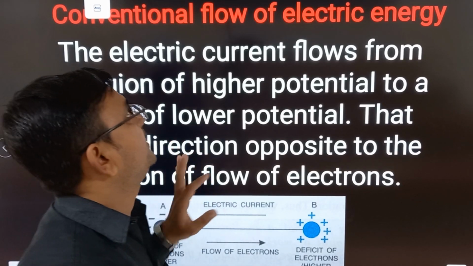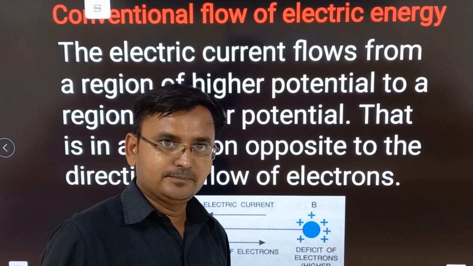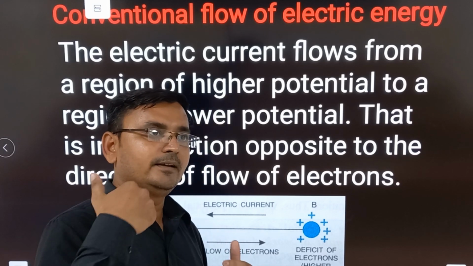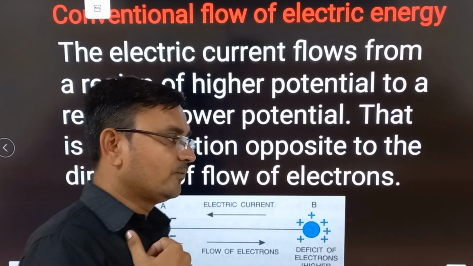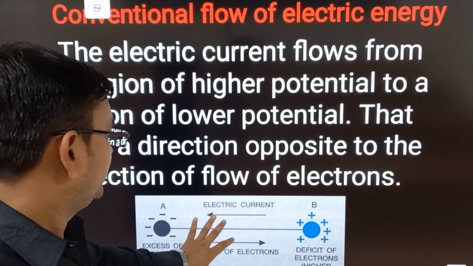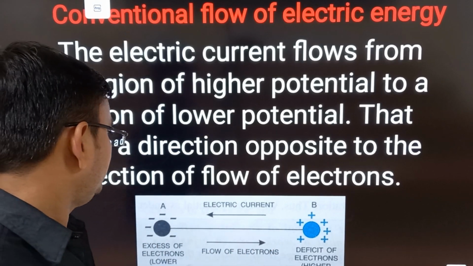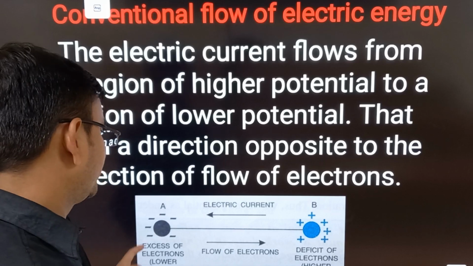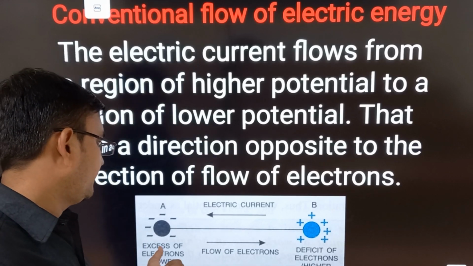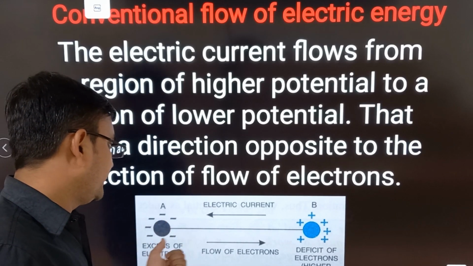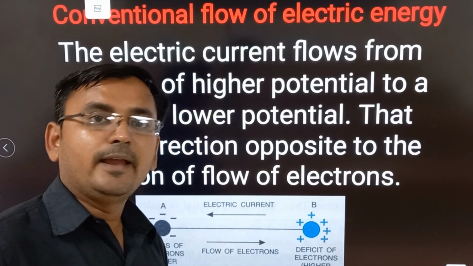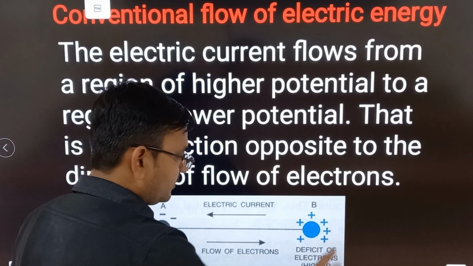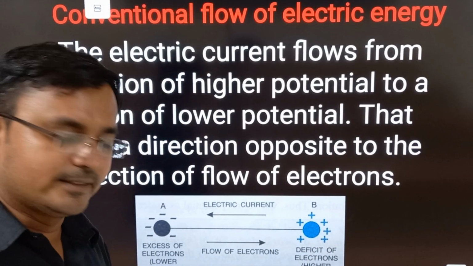Now what is the conventional flow of electric energy? It means how electric energy or electric current flows. So here we can see one figure, with two points A and B. The minus signs are electrons and the plus signs are positive charges.